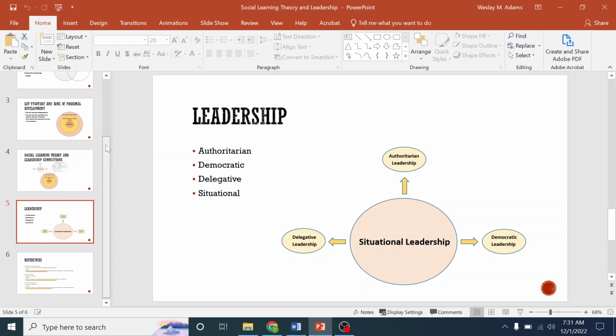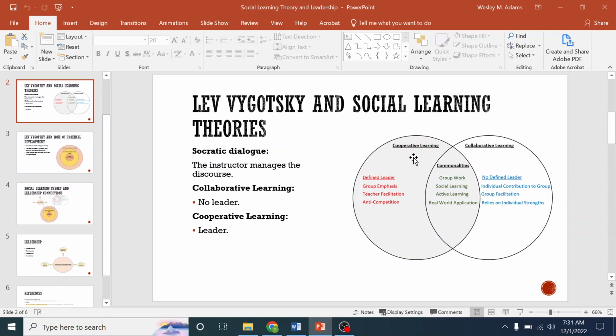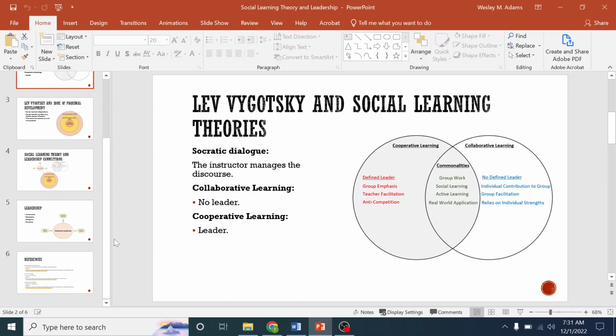So what I mean by overlap is up here when we were talking about cooperative learning and collaborative learning, there were some commonalities between the two. There was some shared variance if you want to get into the stats world with it. So this is your Venn diagram that shows what's common between the two.